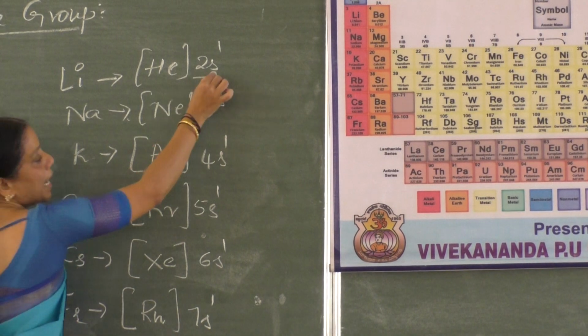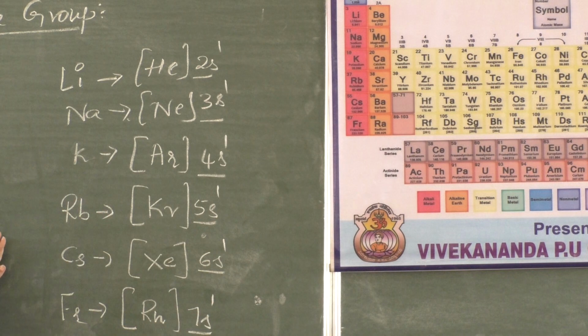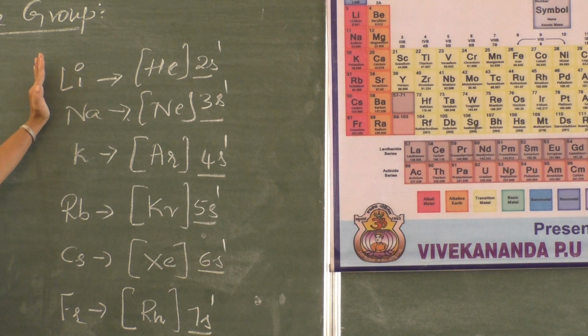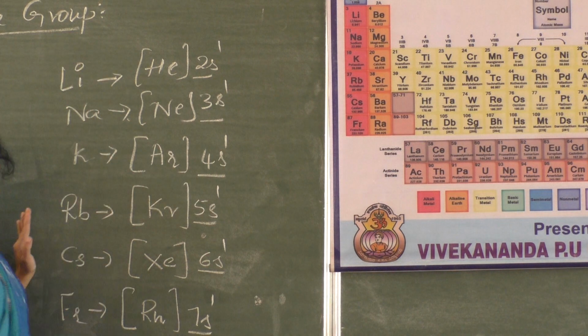What is the number of valence electrons here? You can see here, the elements belonging to a particular group always have the same number of valence electrons. If you consider the first group, the valence electron number doesn't change. All the elements of the first group have a valency of 1.